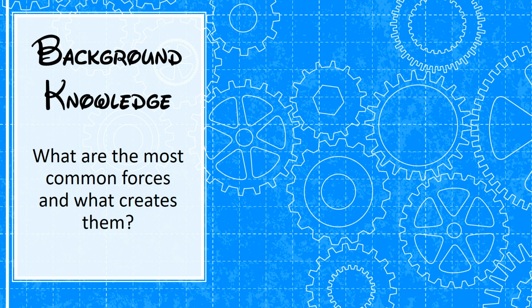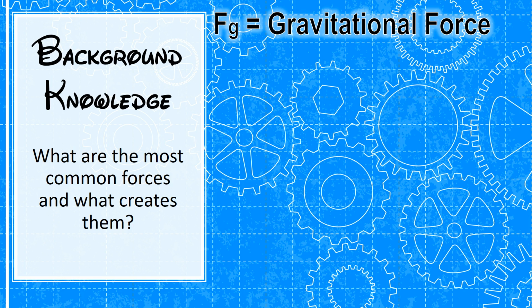Before we analyze the forces acting on the boat, let's look at all the forces that we know. Gravitational forces are caused by the pull between the object and the Earth. Every object on or near Earth has a gravitational force. We calculate it by multiplying 9.8, Earth's gravitational force constant, times the object's mass.